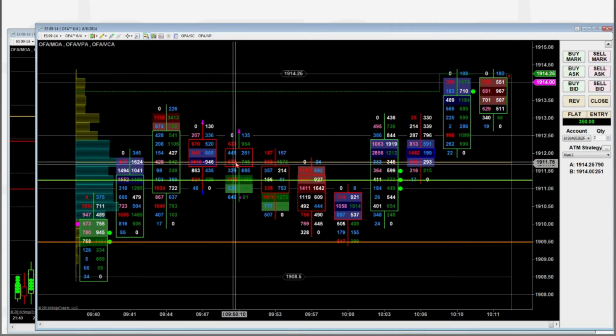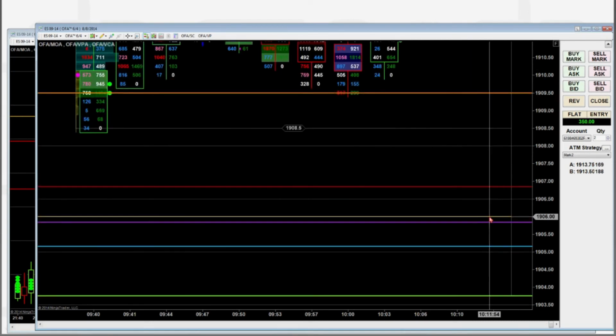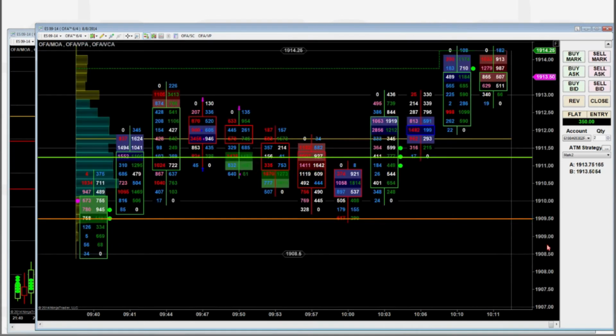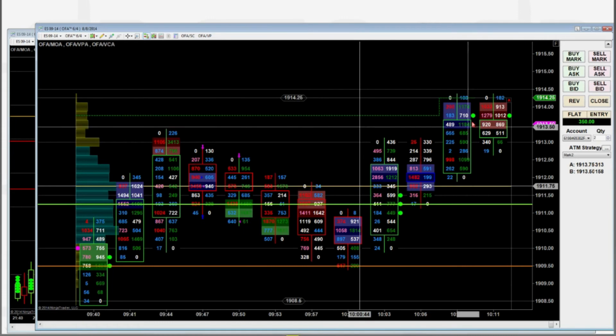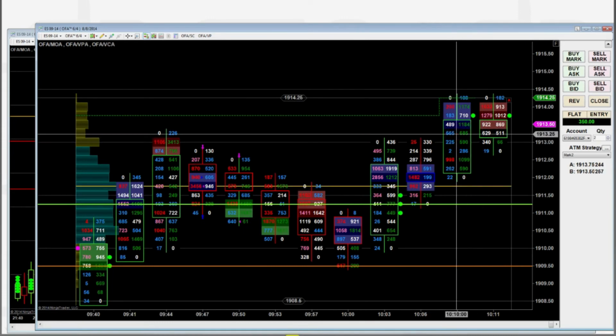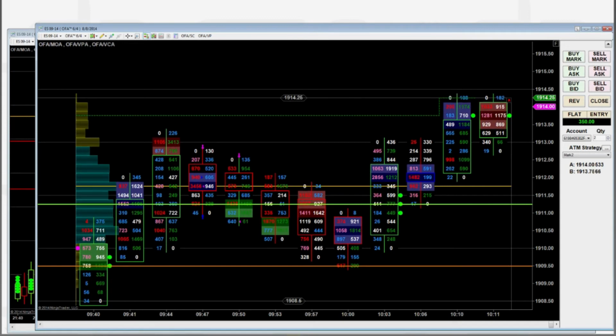Look where VPOC is. Well, I guess that's not the overall VPOC. Overall VPOC is still down at 1906. But since we drew this, it's now over that level. Oh, that's true. A wholesale inventory number came in at 10. That's probably what did this.